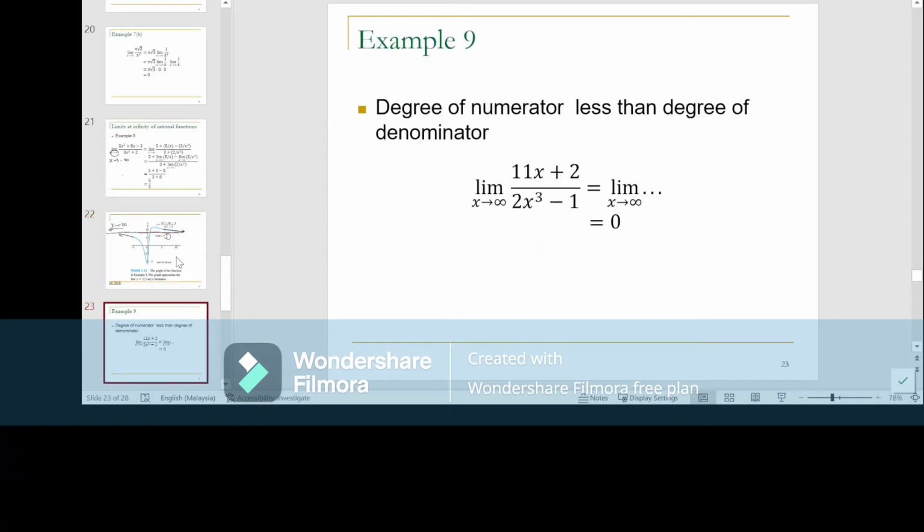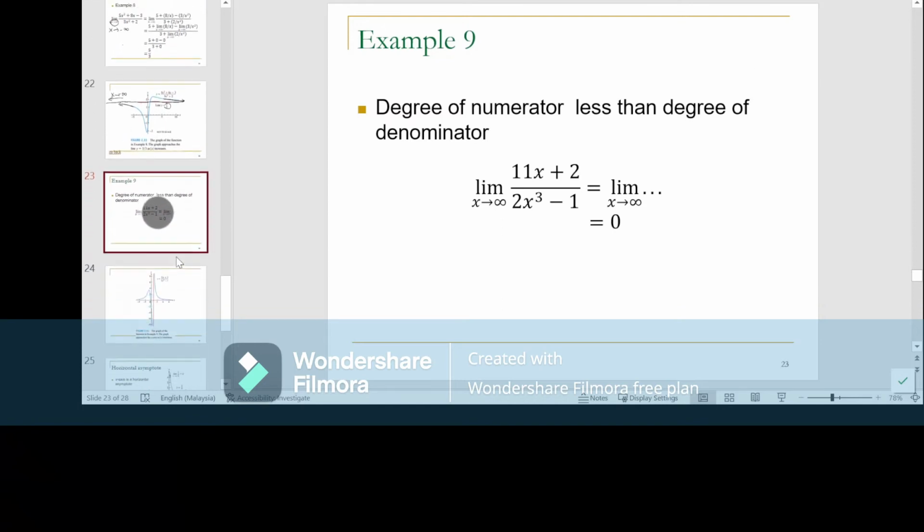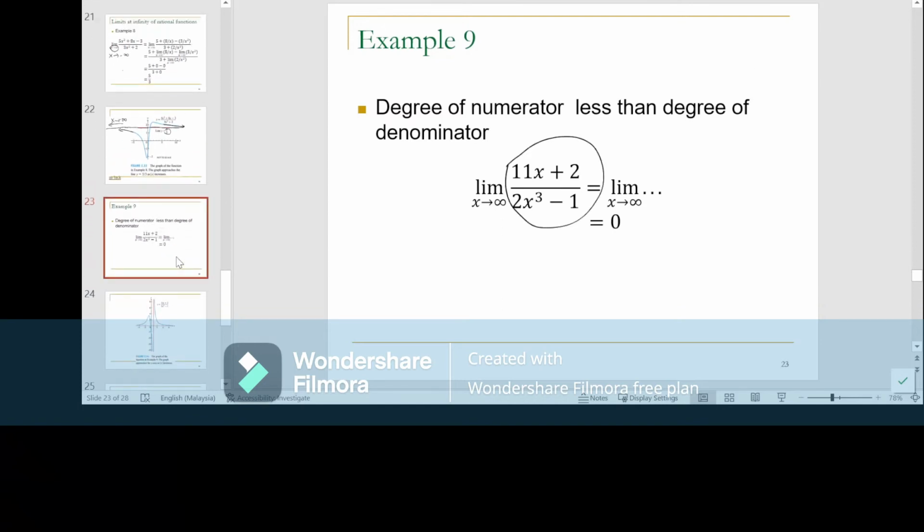So we are going to talk about example 9 again, which is a function of the ratio of two polynomials. The important thing to note here is that the rational function is made up of a function upstairs, I call it P1, and a function downstairs, P3, where P1 is a function of order 1 and P3 is a function of order 3.